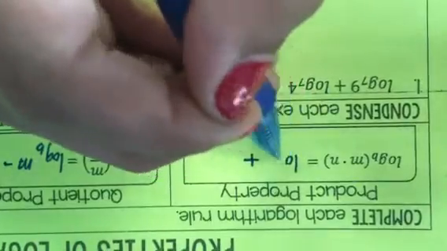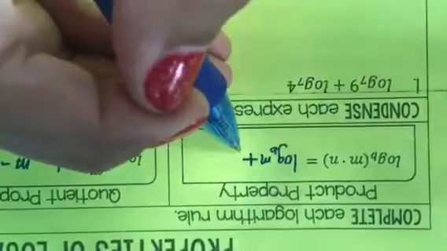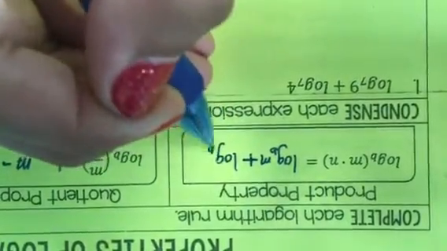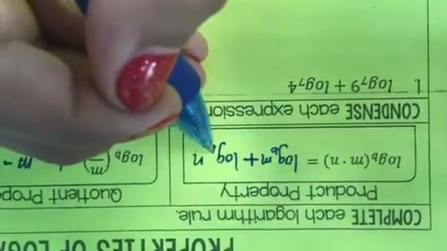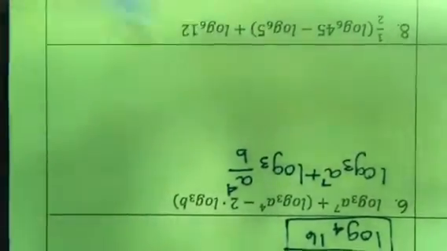First, I will have log base b of the first number, m, and I will add to that log base b of my second number, n. I will go down here and do that with these numbers.